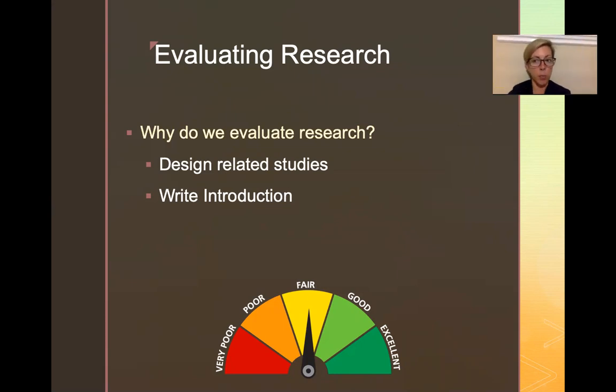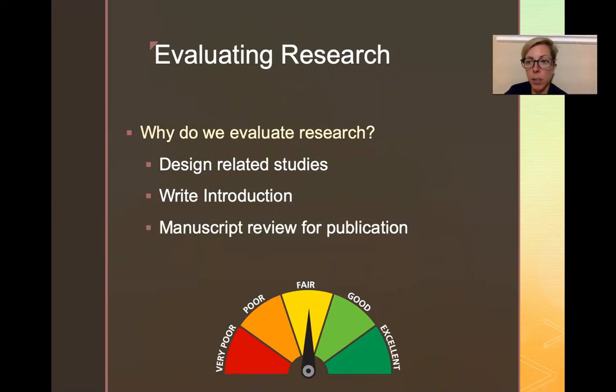So in looking at the background on a specific topic, we would be looking at and evaluating previous research. We also evaluate peers' research for publication. We'll talk a little bit more about the publication process in another clip this week.